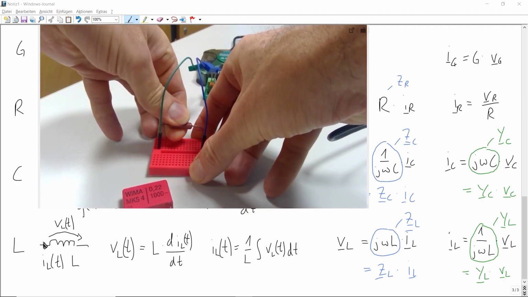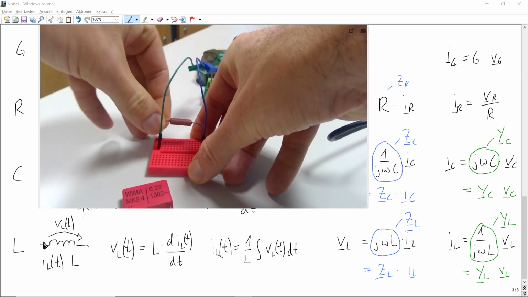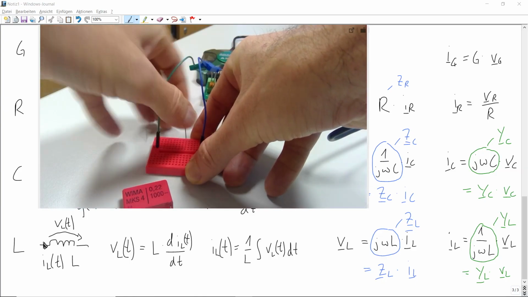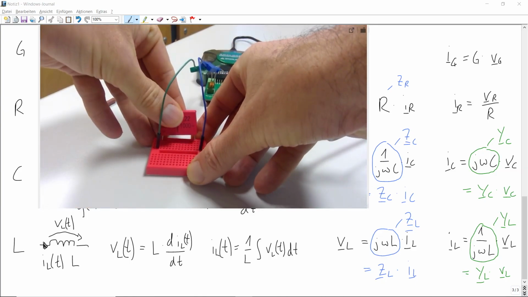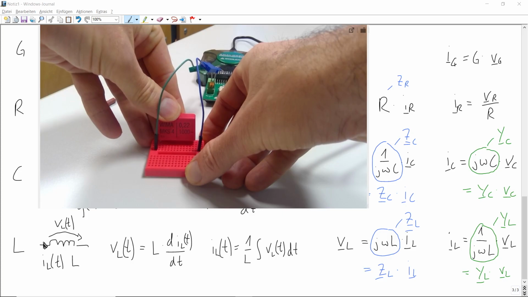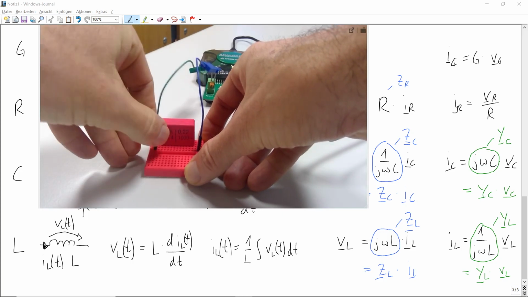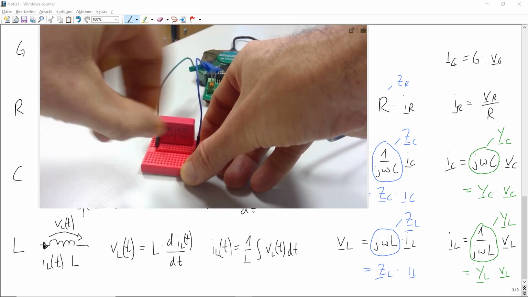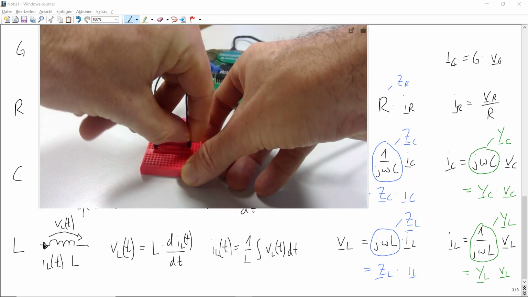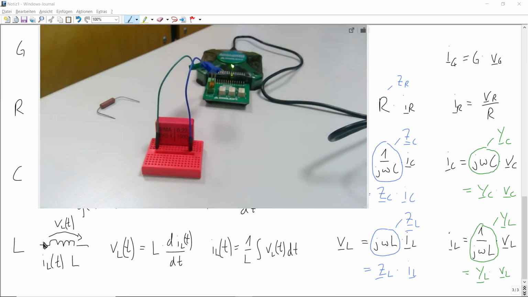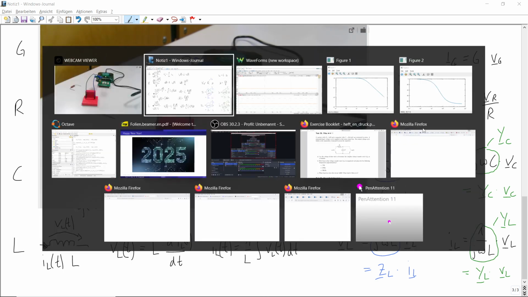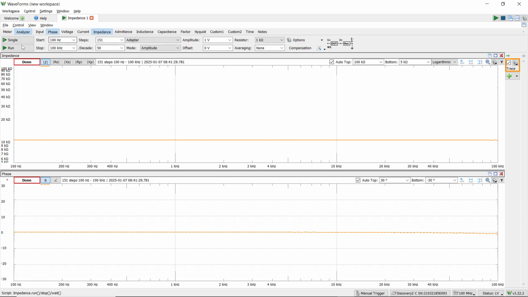So if I remove the resistor and add the capacitor, and I think now it's connected to the third and to the fourth. So like this, now we have some capacitor there, and I can also measure impedance by magnitude and phase of this capacitor. Before I hit run, what would you expect?